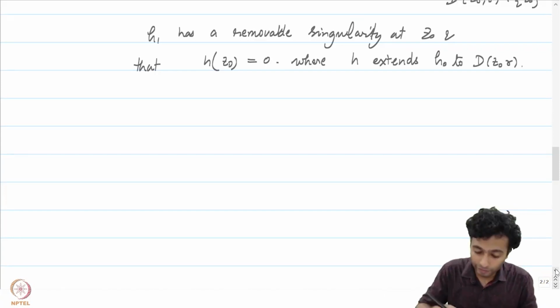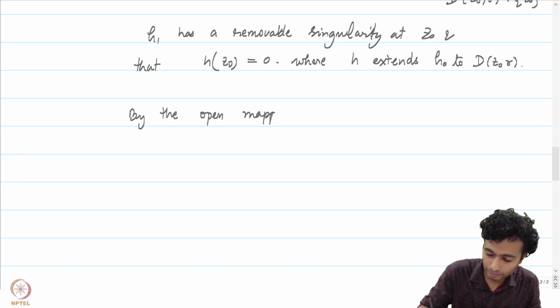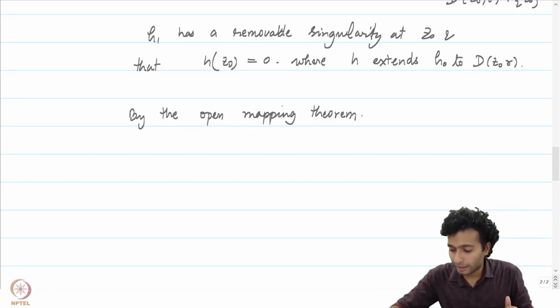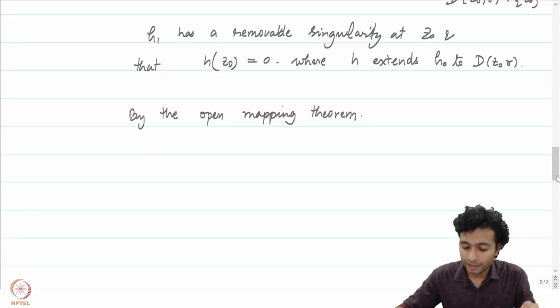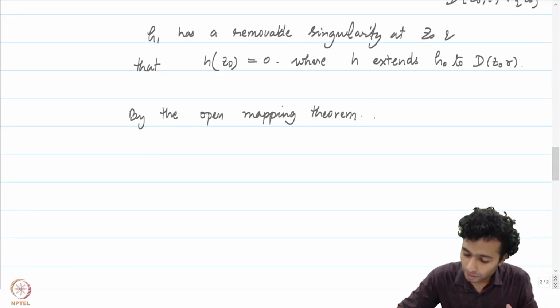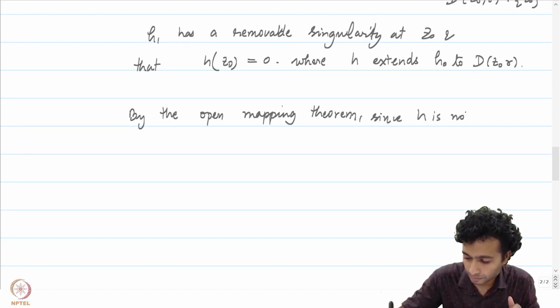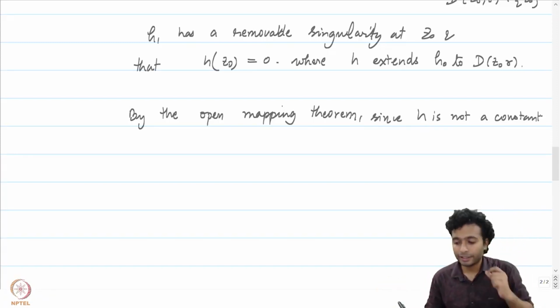Let's just see how powerful the open mapping theorem is. By the open mapping theorem, and the fact that h is not identically a constant function, h(z0) is going to be an interior point.